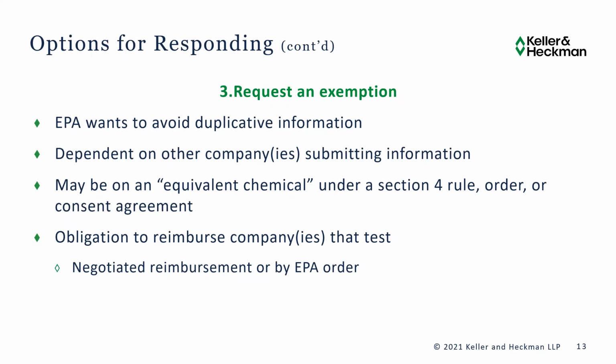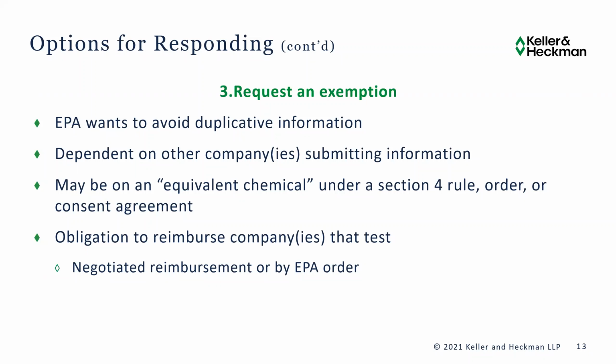So that might be a bit rare for equivalent chemicals to come into play, but a more likely scenario might be if you have several companies that are responding to a test order. One company perhaps is planning to do the testing, perhaps the other companies are smaller businesses and don't plan to do the testing themselves, but they request an exemption with the plan to reimburse the companies that do test. So that might be another option versus a consortium.